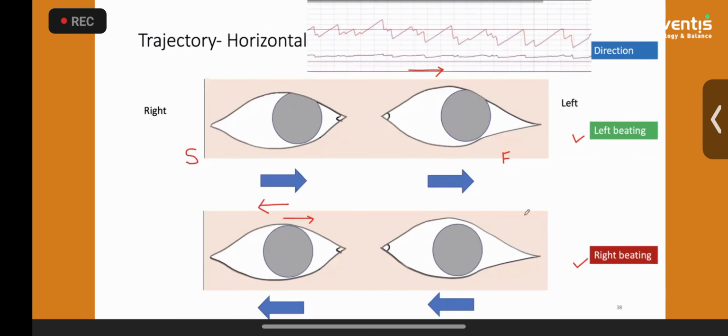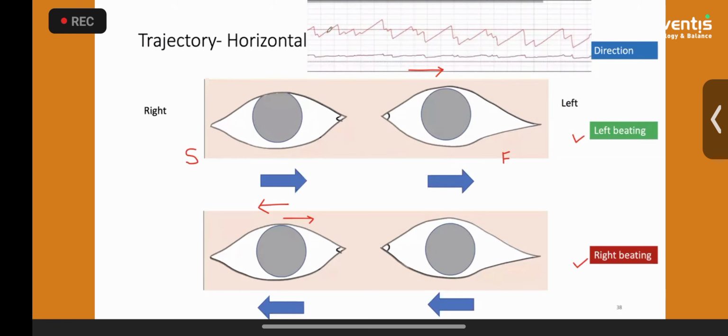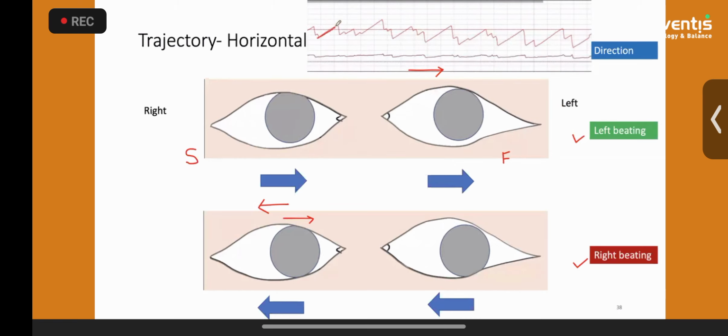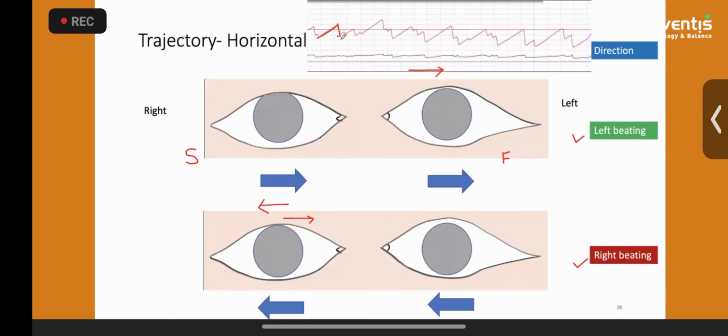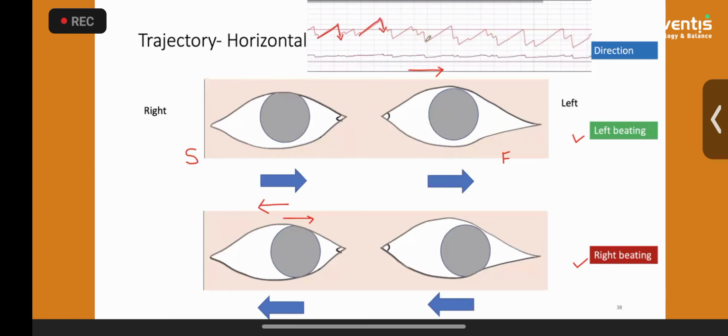Now, on the videonystagmography equipment, how we record this is slow phase towards the right and fast phase towards the left. This is a left beating trajectory. Left beating nystagmus is recorded like this.